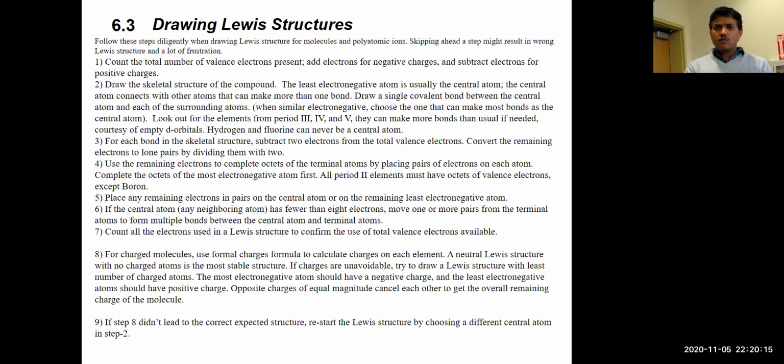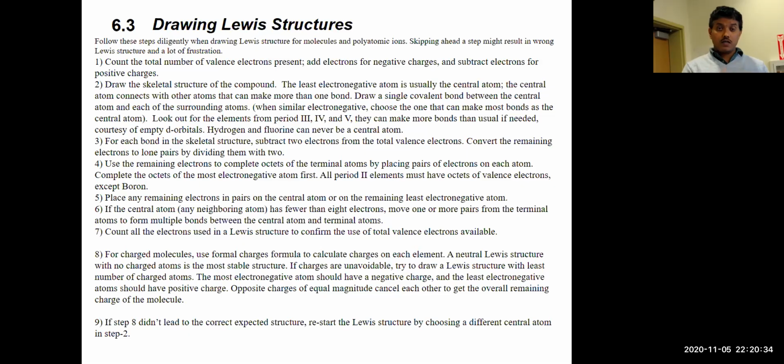It's almost kind of foolproof. It covers almost all issues that would come up when you try to draw Lewis structures. So please use the rules when you try to draw Lewis structures.